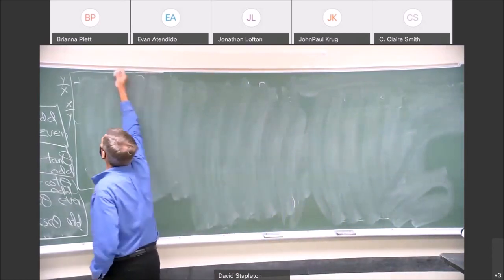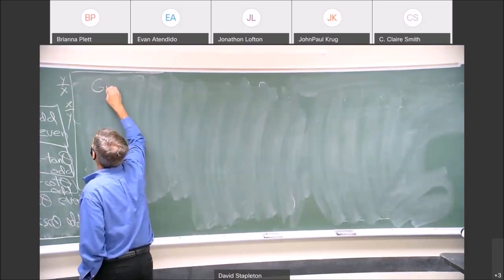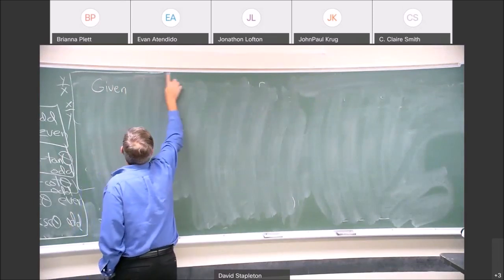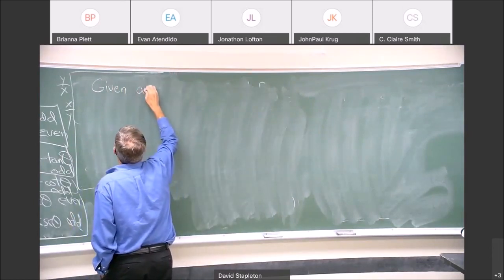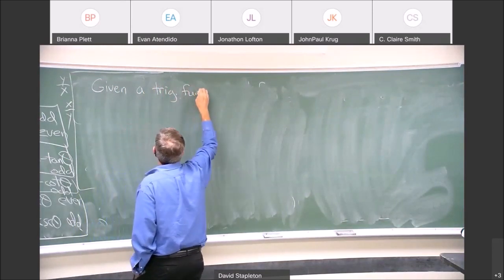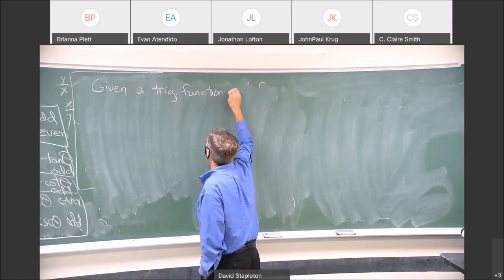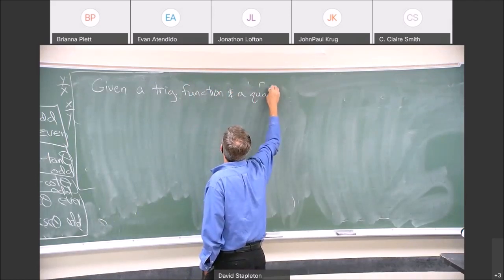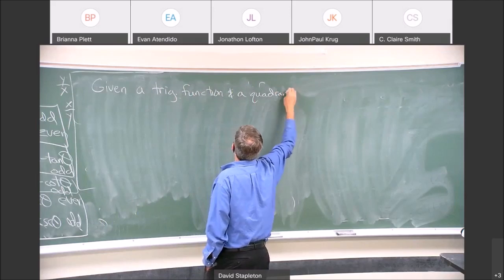Another thing you want to be able to do is this. We mentioned this last time. I want to repeat it because we're going to deal with the newer trig function. Given any trig function value and a quadrant for the angle, all the other trig functions are known.